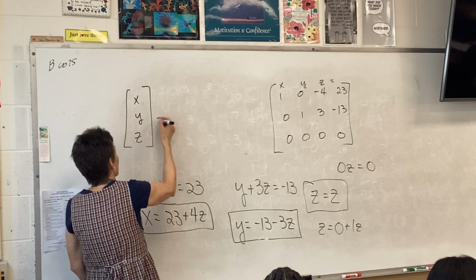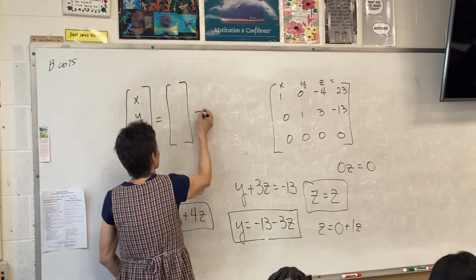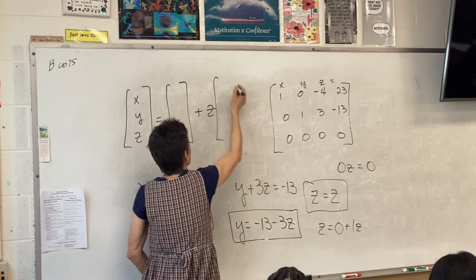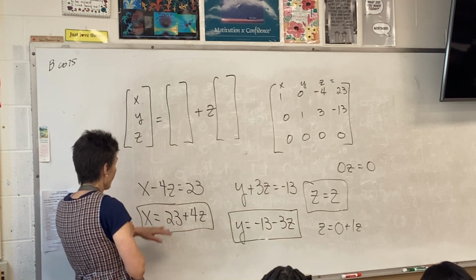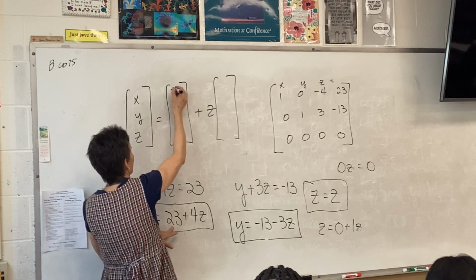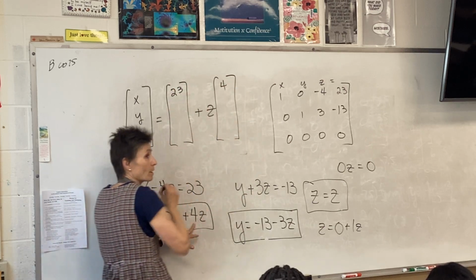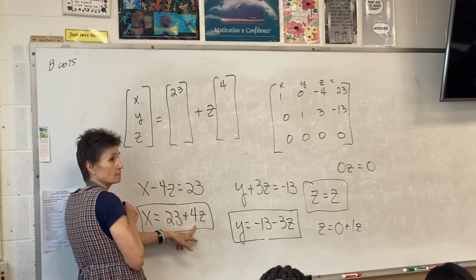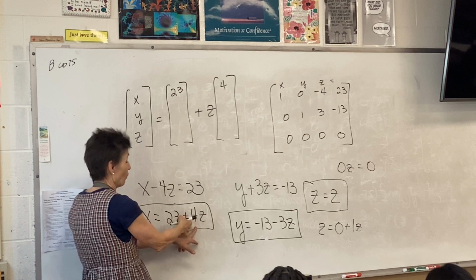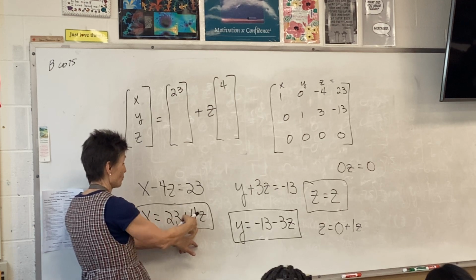XYZ equals a number part and a z part. So for x, the number part is 23 and the z part is 4. Yeah, I solve for x. So x is 23 plus 4z.